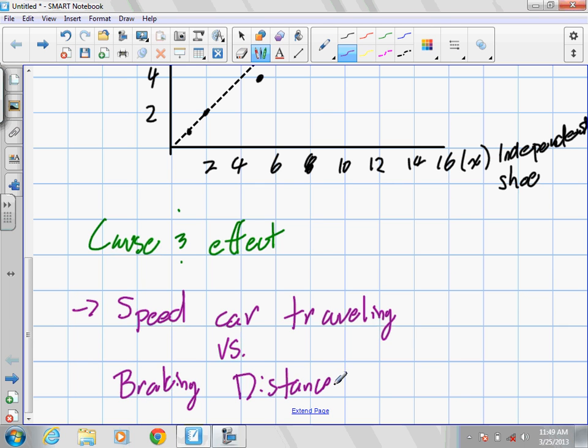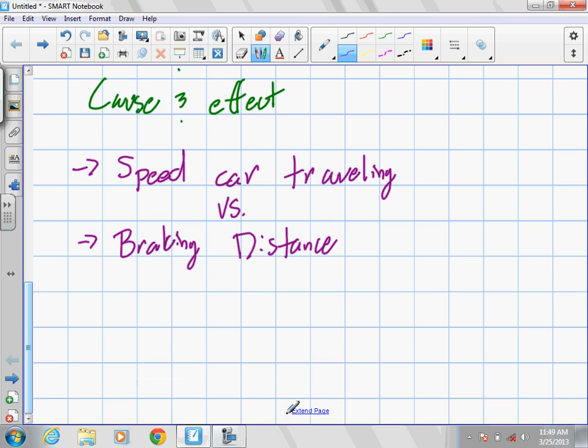So, I'm going to talk about these out loud, and I'm going to sketch a model on a scatter plot of what this might look like. If we're driving in a car, okay, I'm going to put speed as our independent variable because we are controlling the speed, and most likely our braking distance is dependent on the speed of the car.